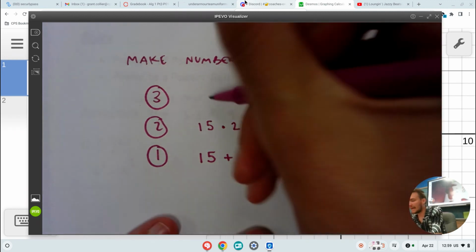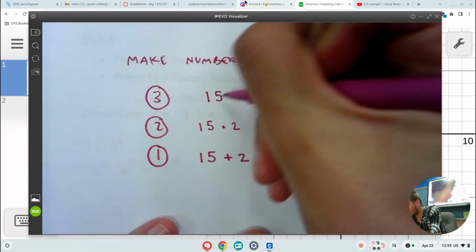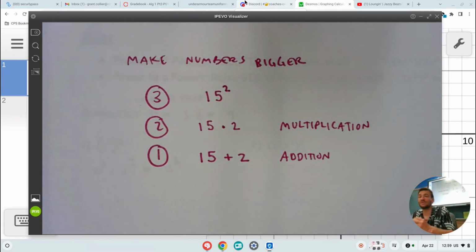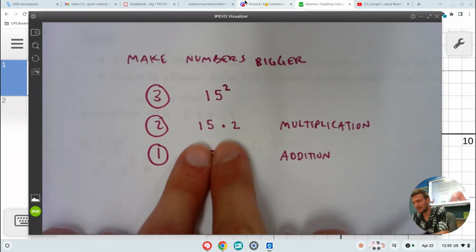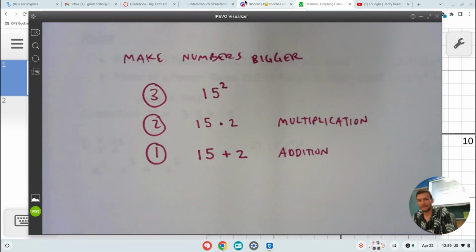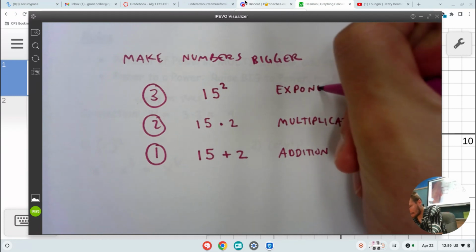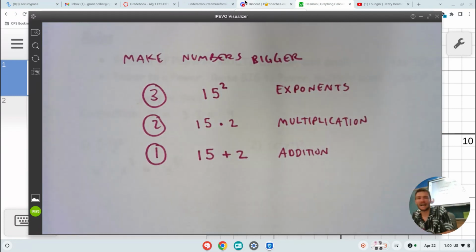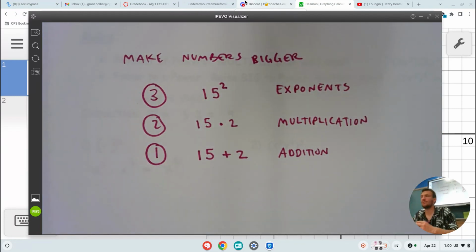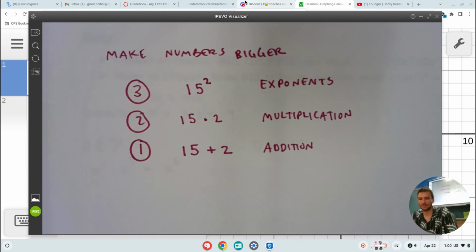And the last way we know how to make numbers bigger is to do 15 squared. That still uses a 15 and a 2. This is called exponents. And this is the biggest way to change your number. If you want to make a huge number, this is how you do it.